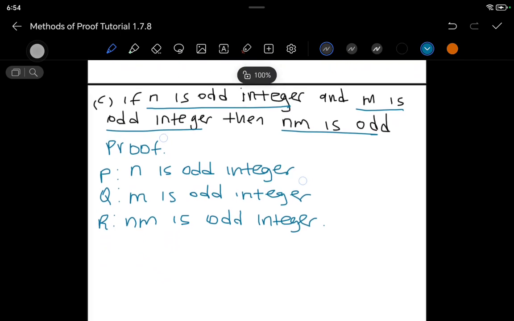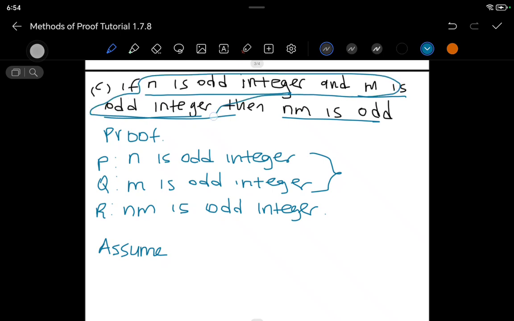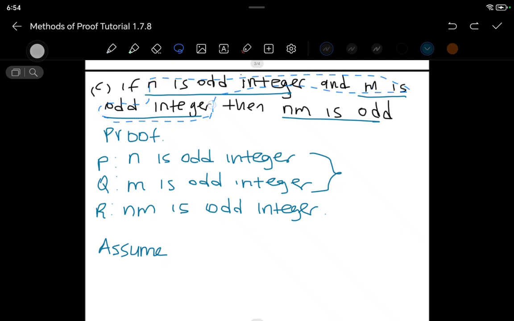You see, right? Now, since I have this, I'm going to assume the hypothesis. So in this case, our hypothesis is this. Anything that comes before that, I'm just going to copy and paste this. So here I can just easily do this. Just copy and paste.